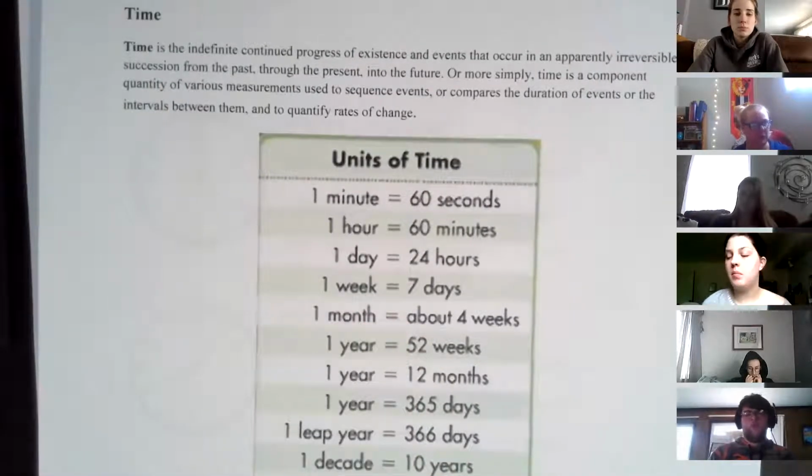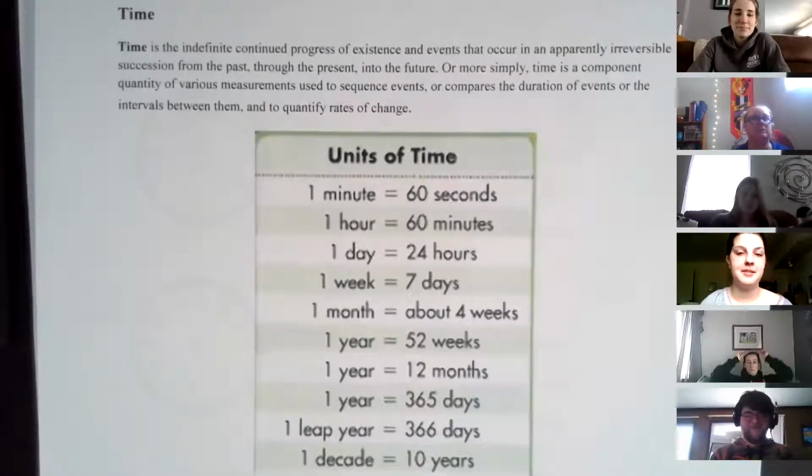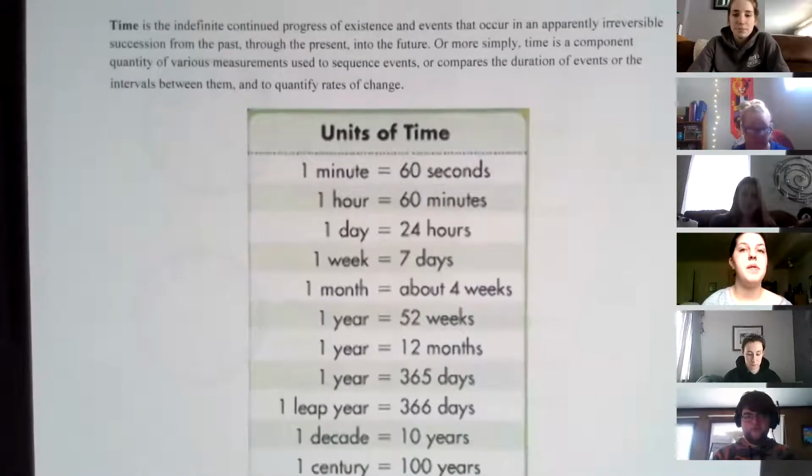I'm pretty sure all of us know how to read a clock, right? And if not, we can work on that. I've actually had students when I did interventioning, seniors in high school, who still did not know how to read a clock. So it doesn't surprise me that you weren't ever taught that, because I've seen it happen.